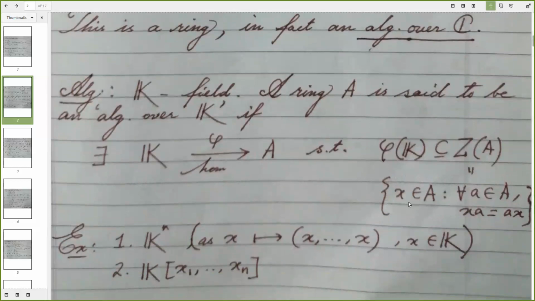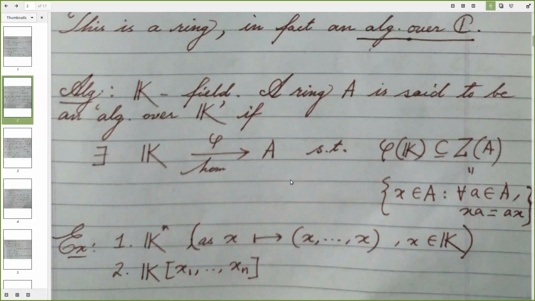It's defined in exactly the same manner as the center of a group. So we consider all elements which commute with every other element in A with respect to the multiplication operation. So thus every small k in K, under phi, goes inside the center of A.